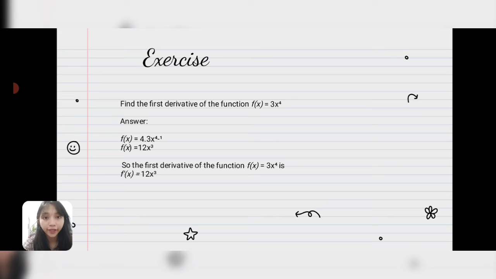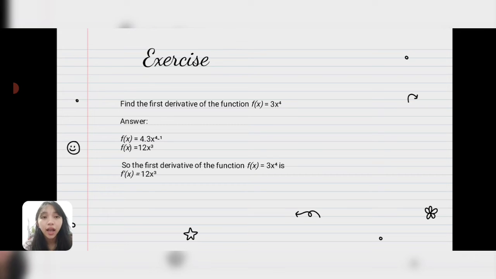Hi, I'm Dameria A with NIM B1024221008. Now I will explain this example exercise for the derivative of a function. The question is, find the first derivative of the function f(x) equals 3x to the power of 4.